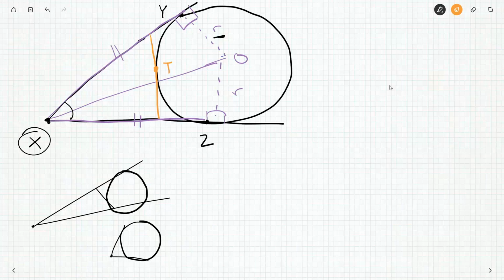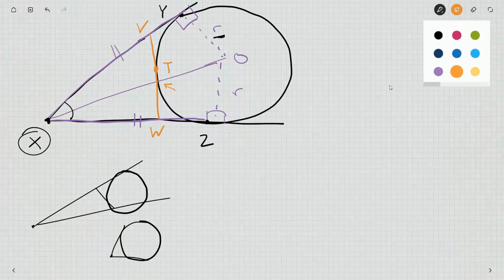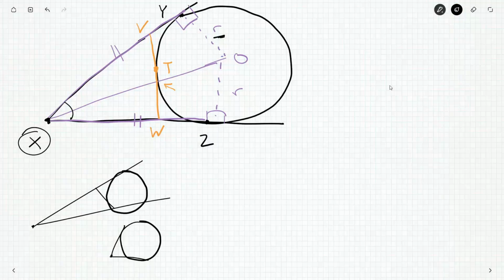It doesn't really matter, and we shouldn't be placing t on our diagram anywhere particularly special. Don't try and fool yourself into placing t directly on OX. You might get a false sense of the problem. We'll put V here, we'll put W here. And so once I have t, that gets me v, and that gets me w.